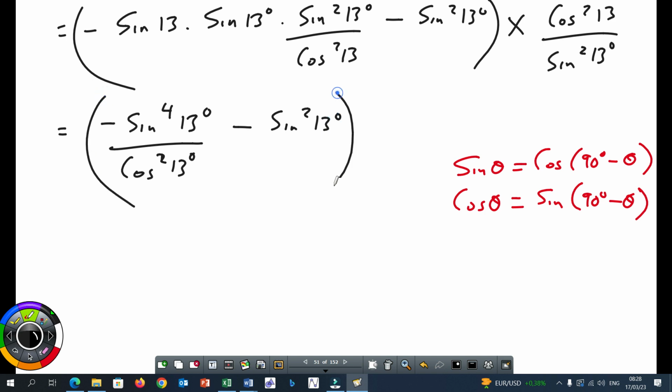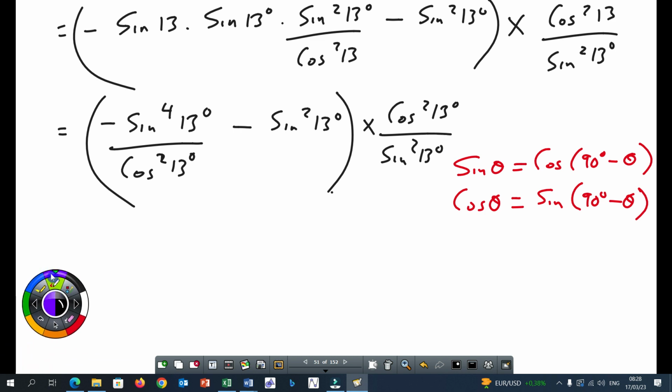All of this is inside brackets times cos squared of 13 degrees over sine squared of 13. Now, look here. I hope you are all aware that inside the brackets we have a binomial, multiplying the monomial. When I say monomial, I'm referring to this fraction.